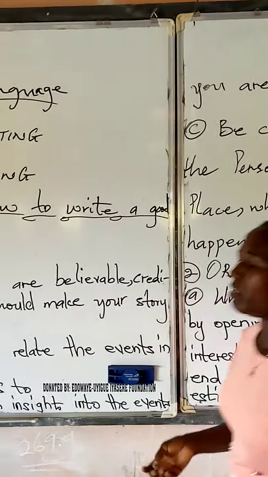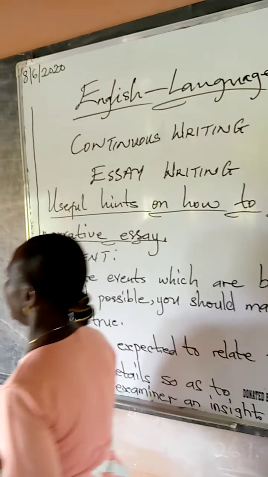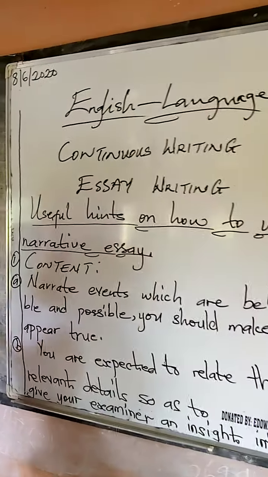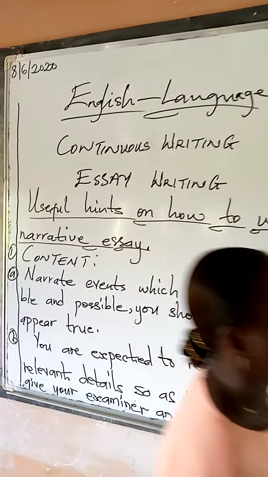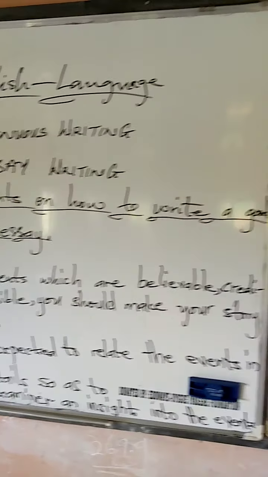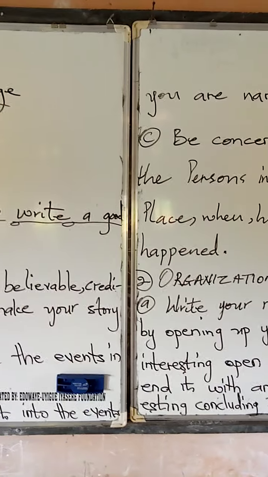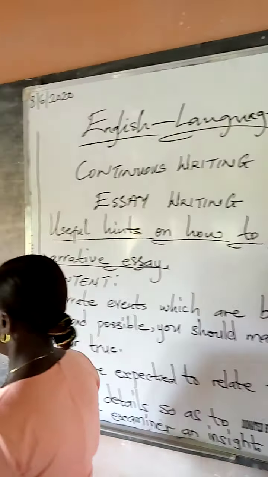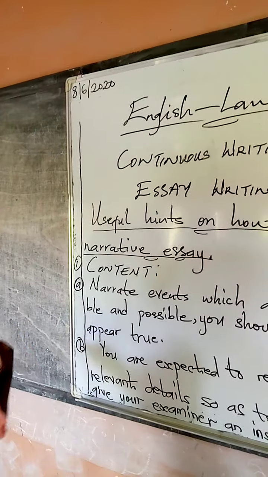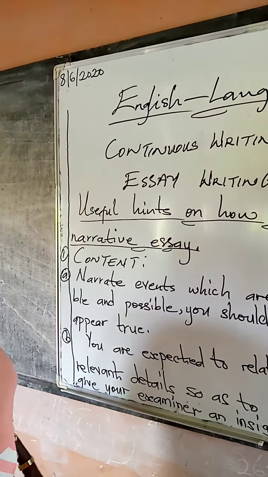Past tenses are needed in narrative essay, including past continuous tense, past perfect tense, and past perfect continuous tense. Be careful how you use these tenses in your narrative essay. Your grammar structure should be well taken note of.